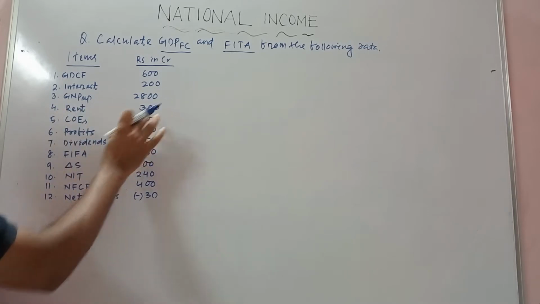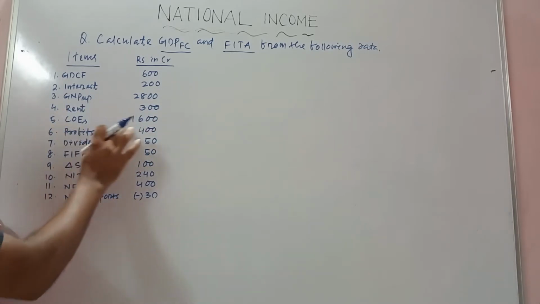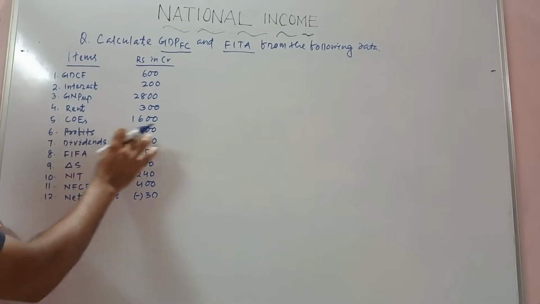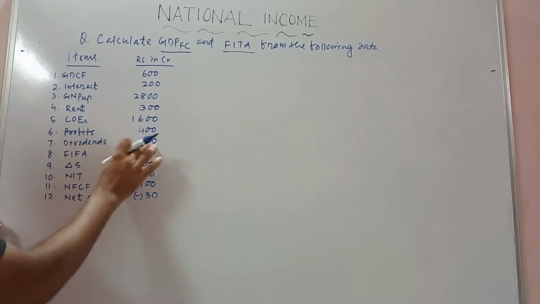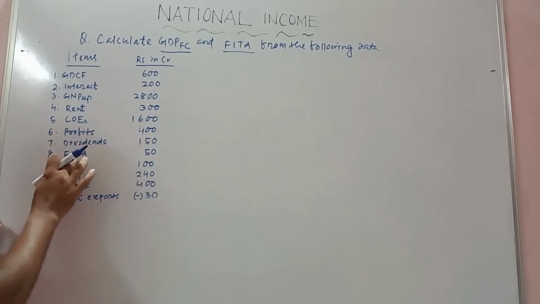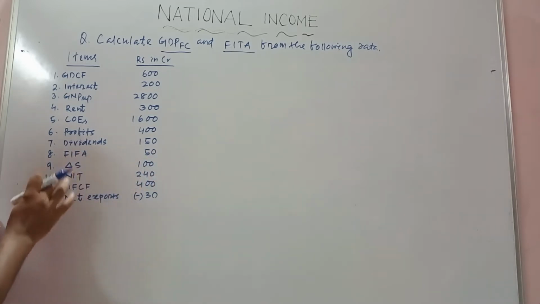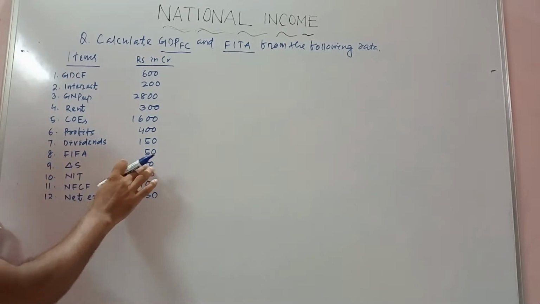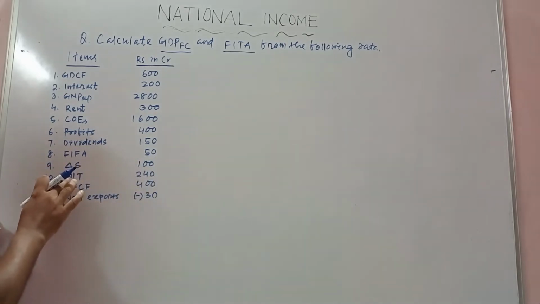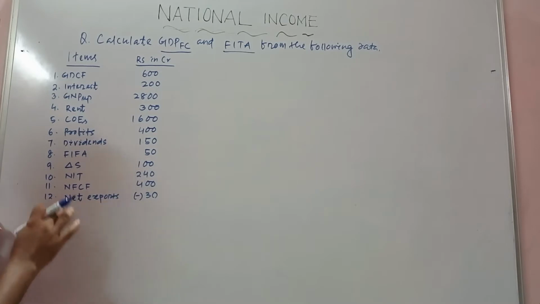Rent is 300. Compensation of employees 1,600. Profit 400. Dividends 150. Factor income from abroad is 50. Change in stock is mentioned, 100. Net indirect tax is mentioned, 240.